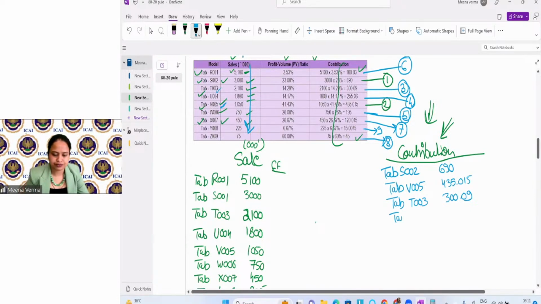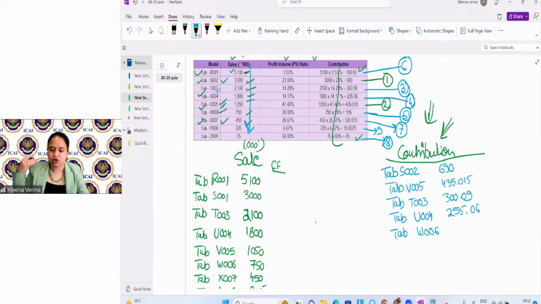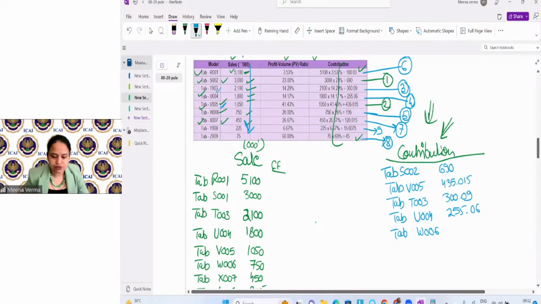Then the fourth one is Tab U004, with 255.06. Then the fifth one is Tab W006. Arrange them in descending order, right? The next one is 195.